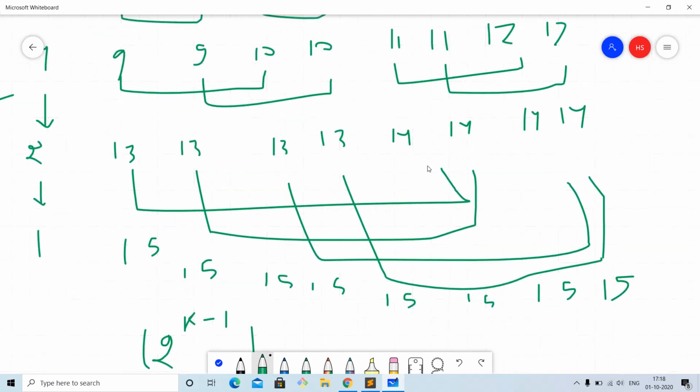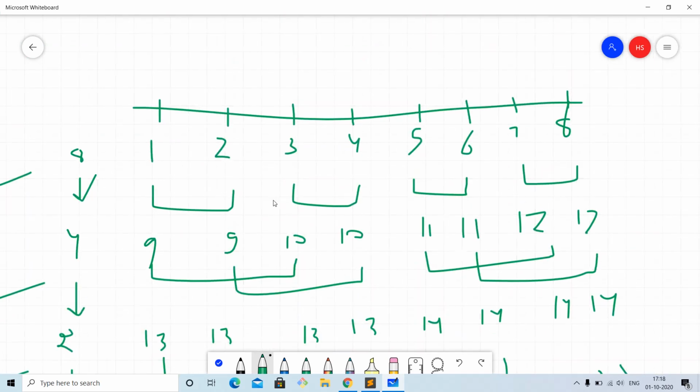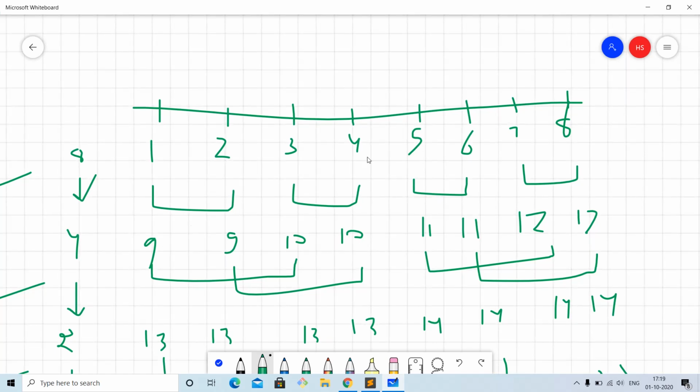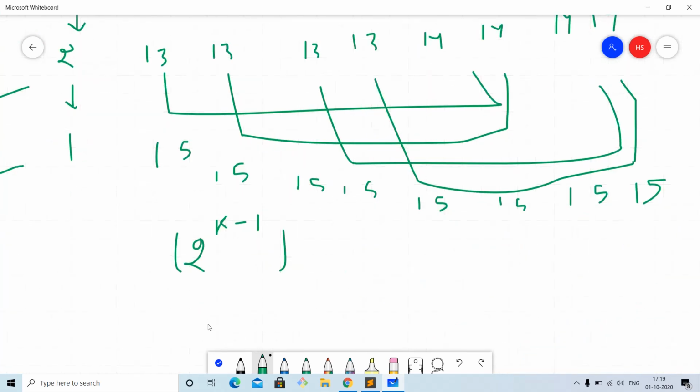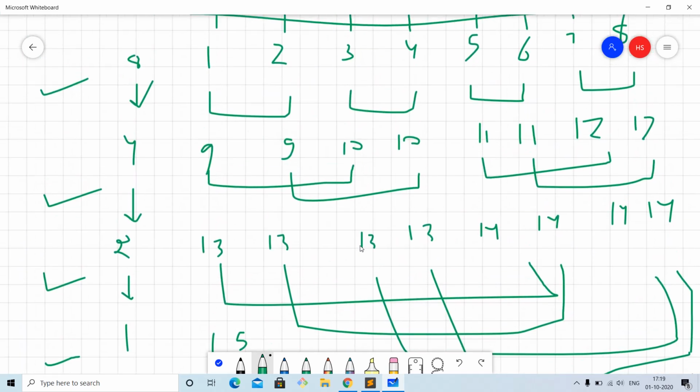And in each step, how many pairs are we choosing? If we are in step 1, we have these 8 numbers, and we are choosing 2 to the power k minus 1 pairs. Sorry, in one step we will choose 2 to the power k minus 1 pairs. And how many steps will we have?